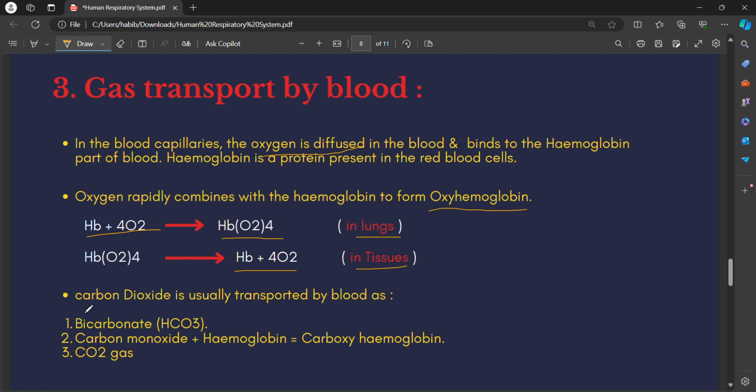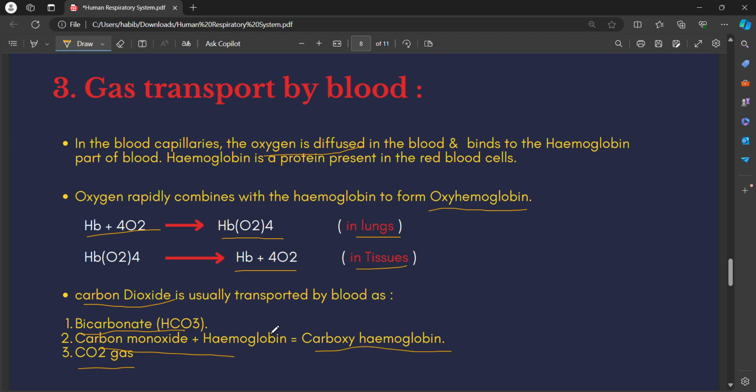And when it comes to carbon dioxide, which is carried by the veins, it will be carried in three ways. The first one as a bicarbonate component, the second is carboxyhemoglobin, and the third is as a gas diffused in the blood. So carbon monoxide, when it binds to the hemoglobin part of the red blood cells, forms a complex called carboxyhemoglobin.